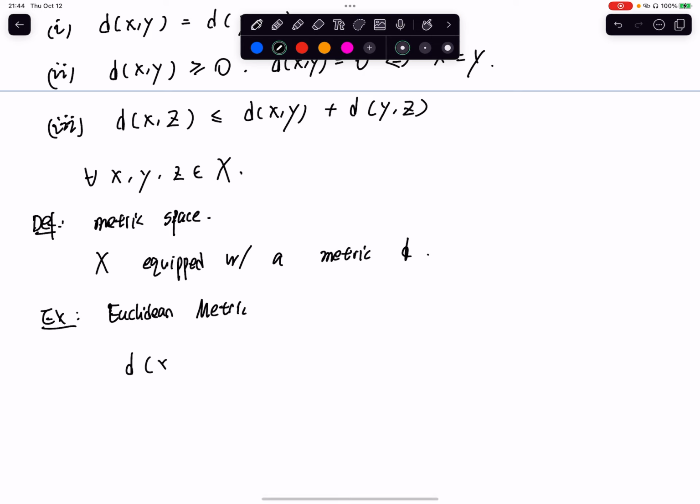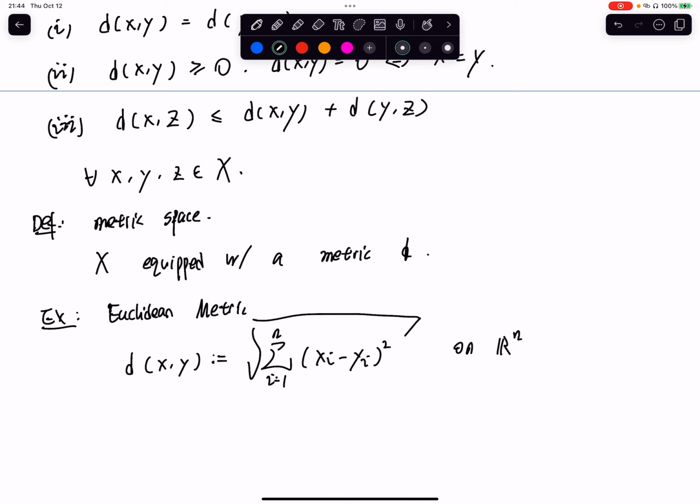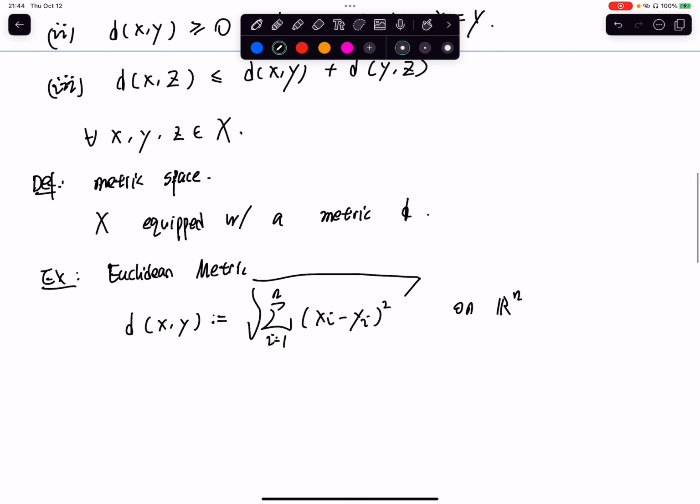So the Euclidean metric defined by d of x y is equal to the square root of the sum from i equals 1 to n of x i minus y i squared, on R n, is a metric called the Euclidean metric, and this R n with such a d is a metric space.